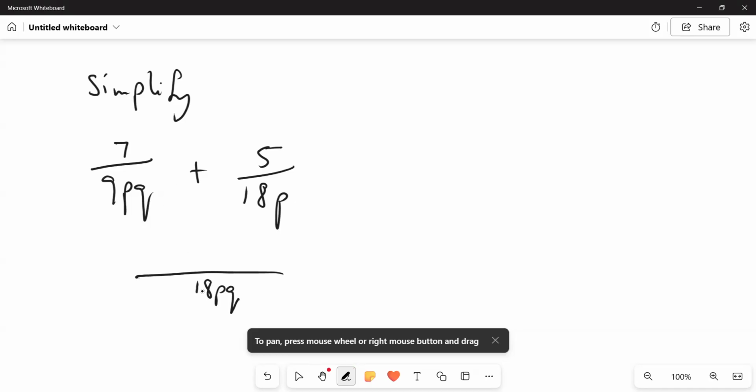So 9pq into 18pq is 2. 2 by 7 is 14 plus 18p into 18pq is going to be q. Q times 5 is going to be 5q. And guess what? You simply can't simplify that beyond there. Clear?